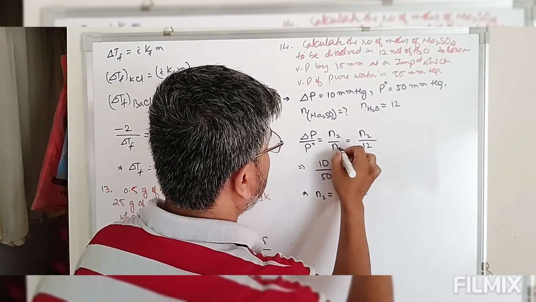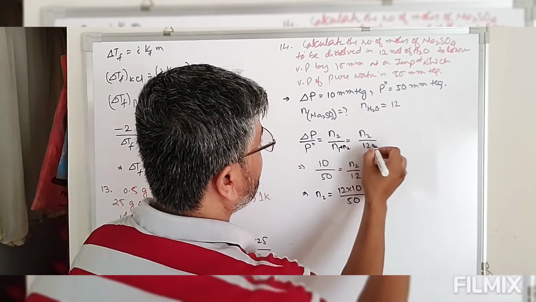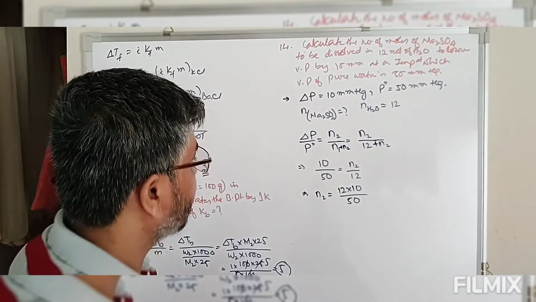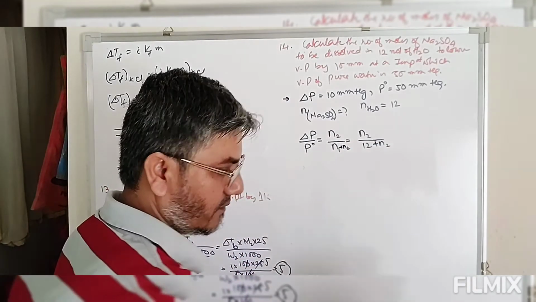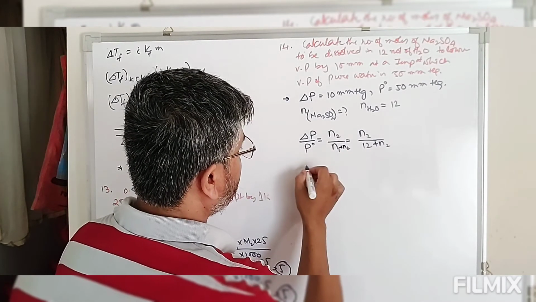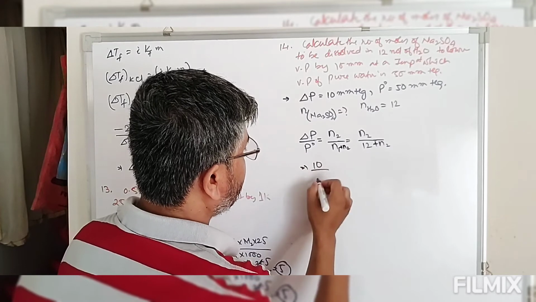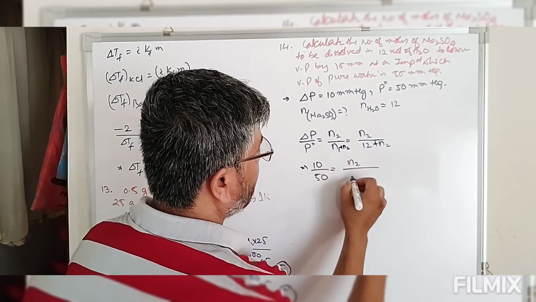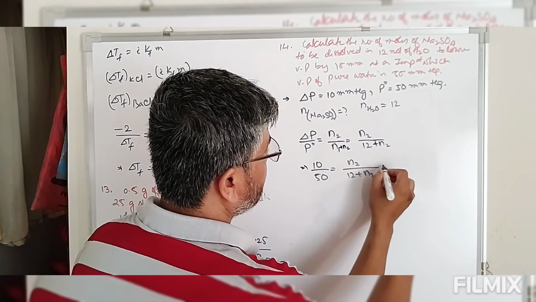This is N2, the total number of moles. So therefore look at this, delta P is 10, the P naught is 50, which equals N2 by 12 plus N2.